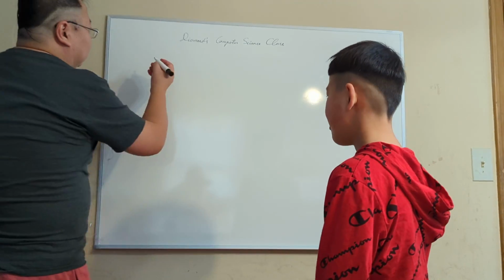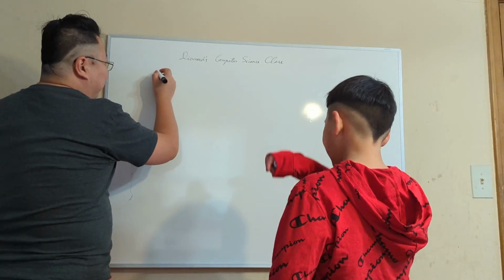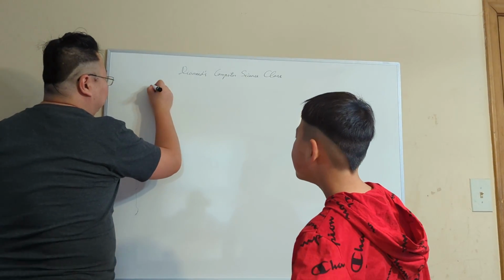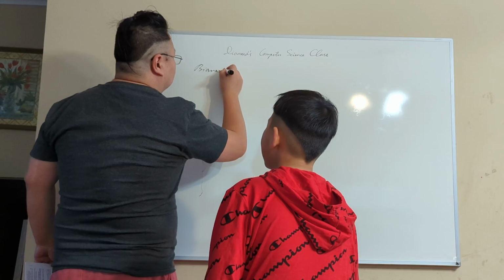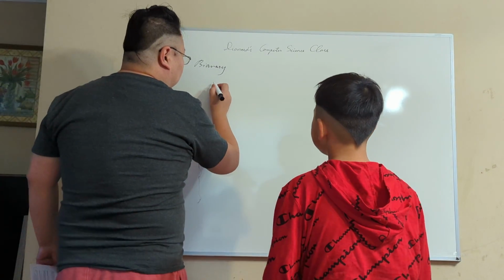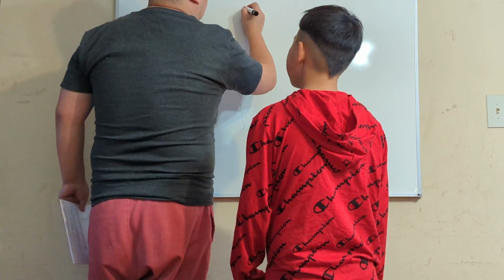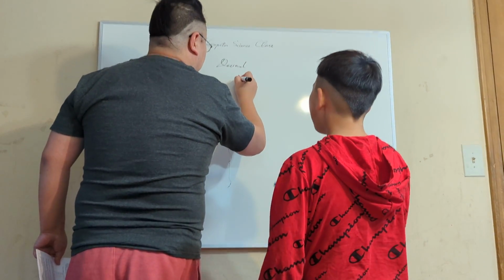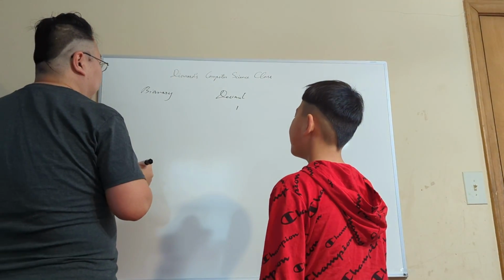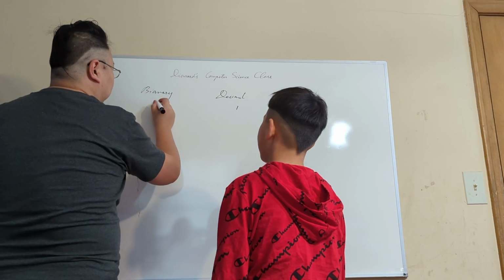Let me ask you a question, okay? So, for binary. Okay? So, what is a decimal number 1 in binary? 1, so there's 0 and 1, so it's just 1.